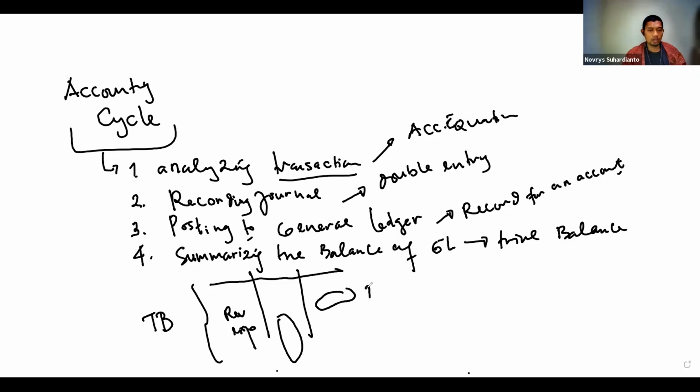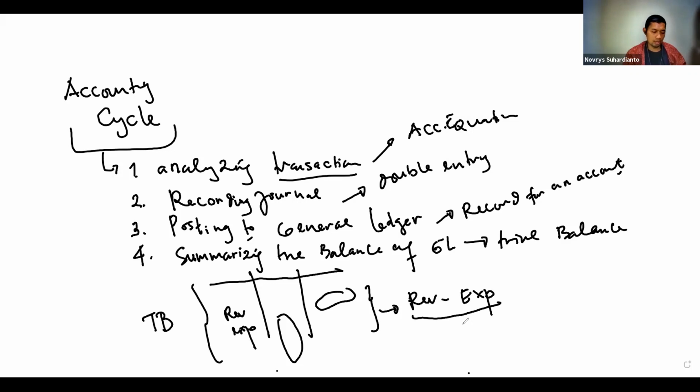Question number 5 asks whether the difference of this revenue and expenses is a net income or not.